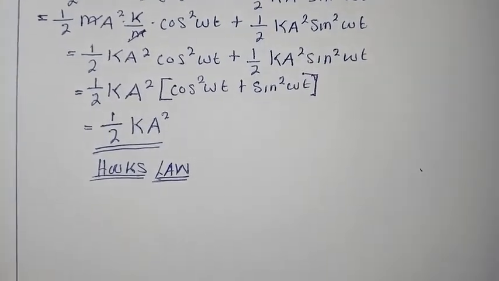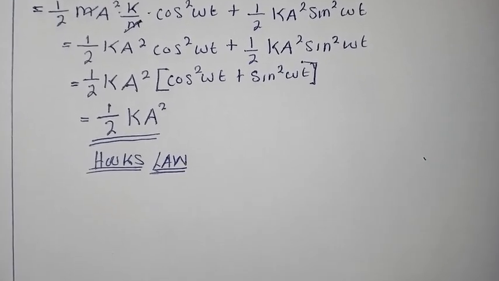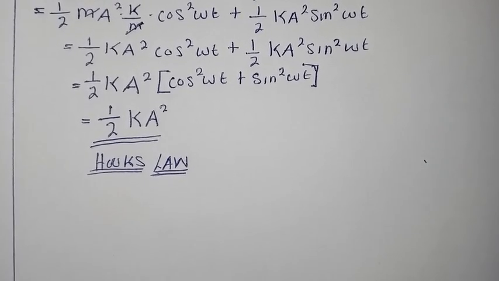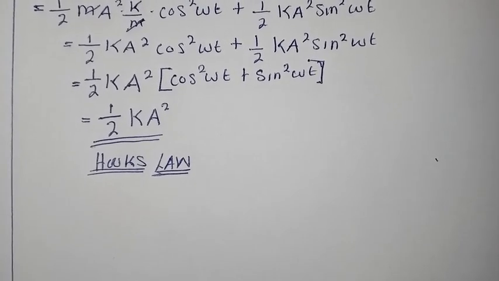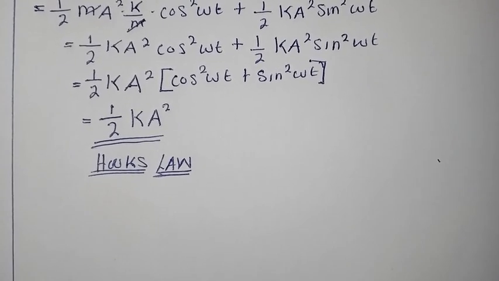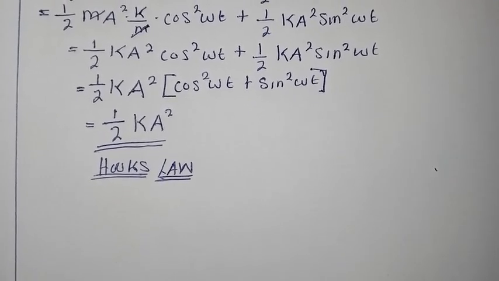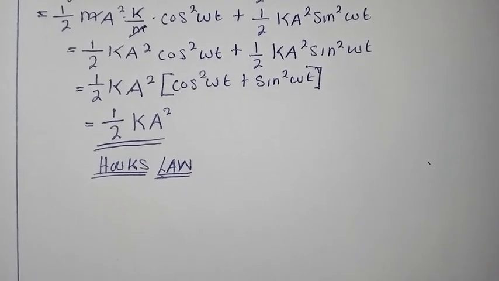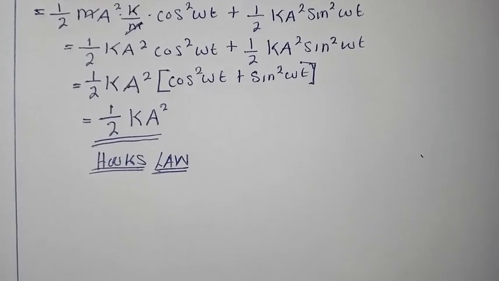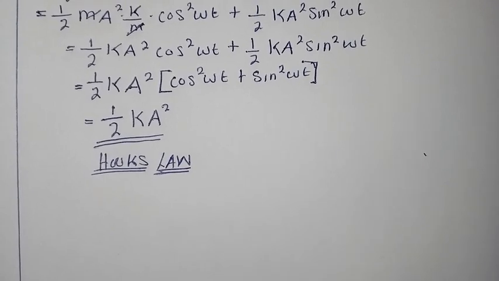Hooke's law simply states that for a relatively small deformation of an object, the displacement of the deformation is directly proportional to the force applied to the object. Okay? So in other words, no matter how small a force you apply on an object, you expect that object to be deformed to some percentage proportional to that force that you applied.